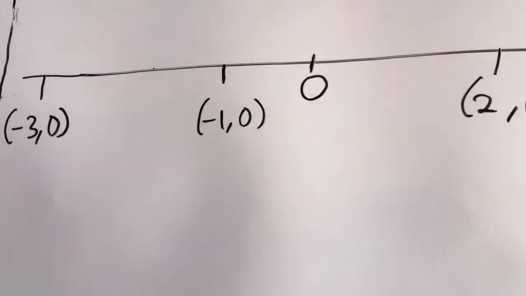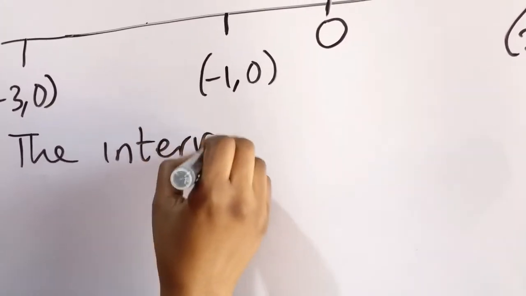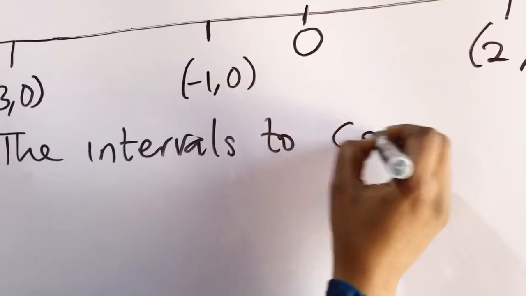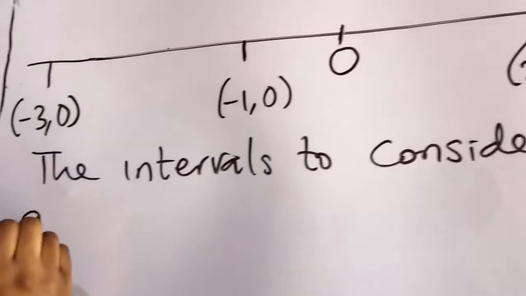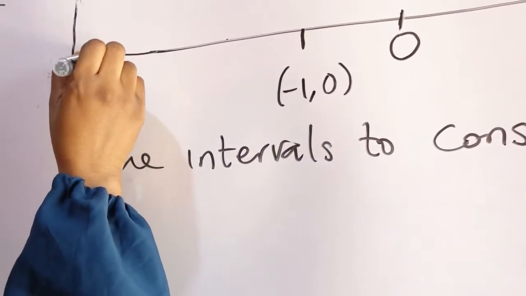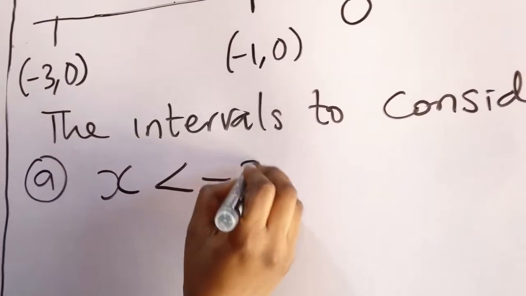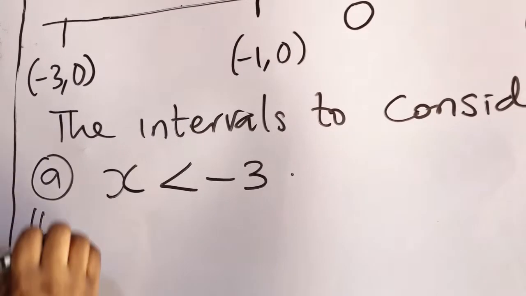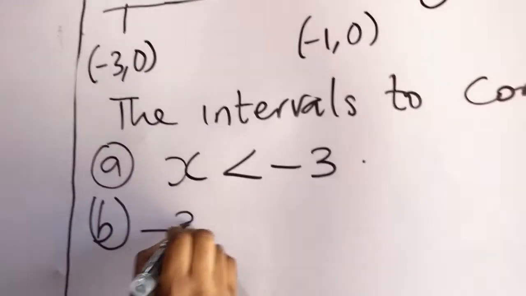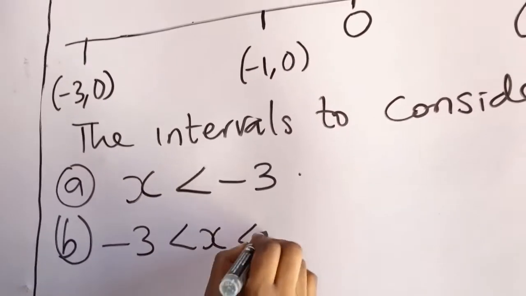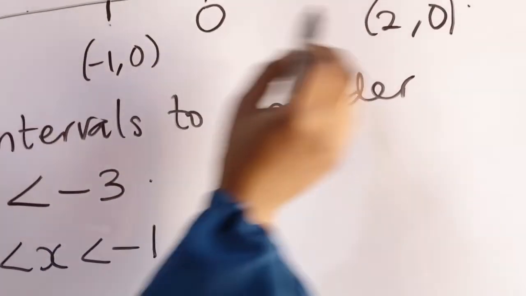Now, the intervals that we want to consider before plotting the graph will be A, those parts before minus 3, 0, which will be x less than minus 3. B, those parts in between minus 3 and minus 1, which will be minus 3 less than x less than minus 1. C, those parts in between minus 1 and 2.